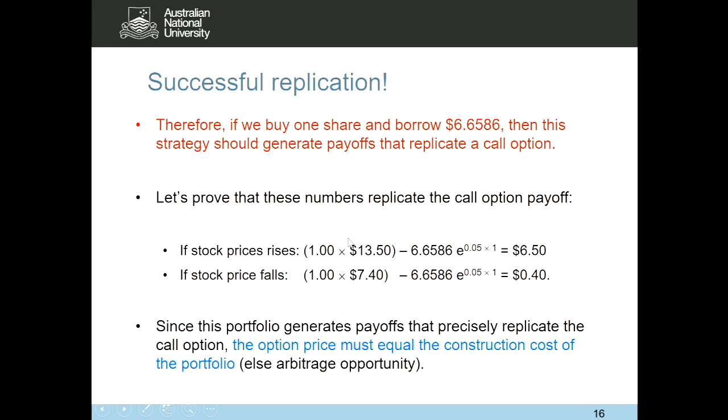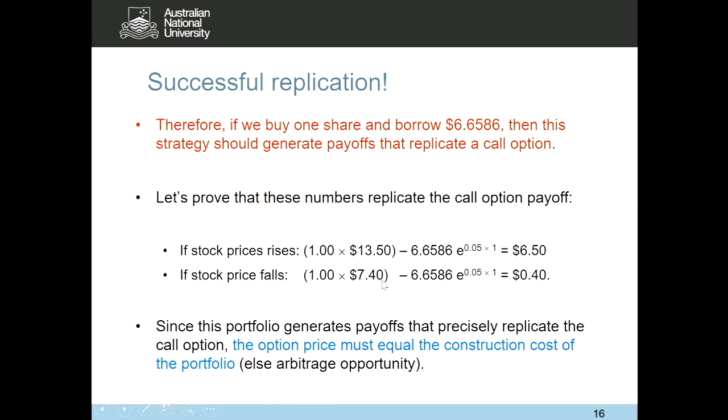Right? So if you sum up these two values, if the share price increases, the value of our portfolio is simply going to be $6.50. Yes? Everybody understand this? Now, if the share price decreases to $7.40, we own 1 unit of share, so that's 1 multiplied by $7.40.